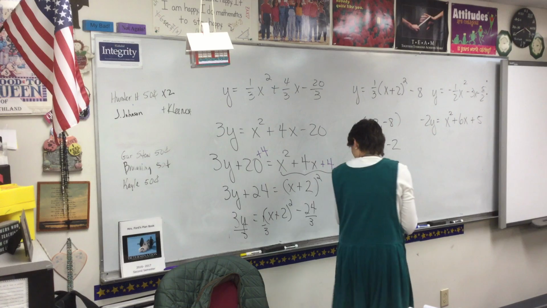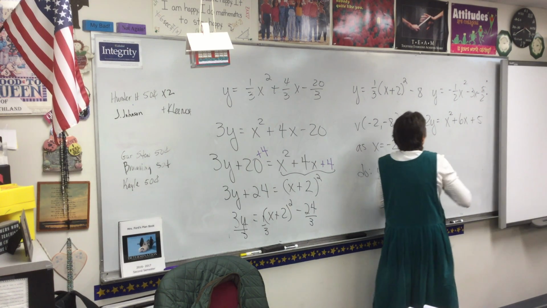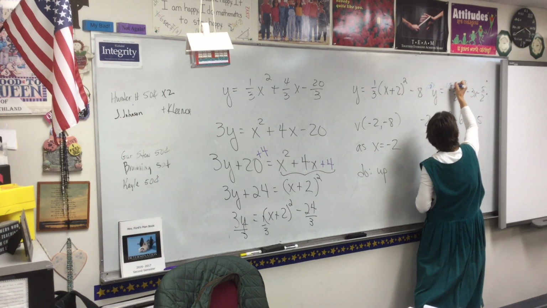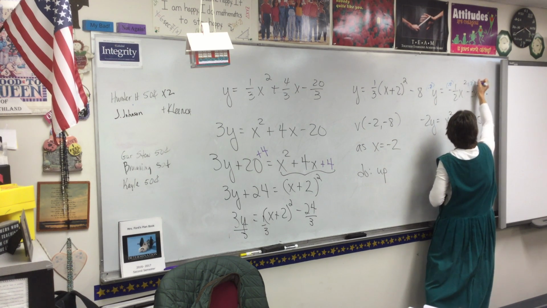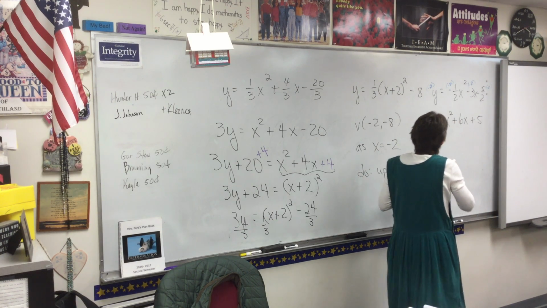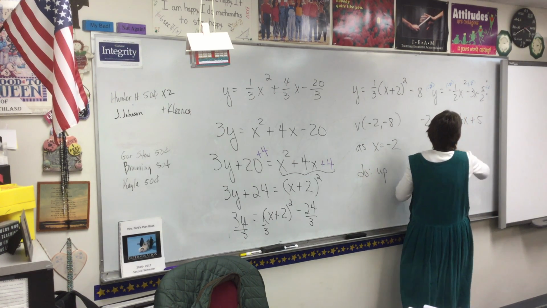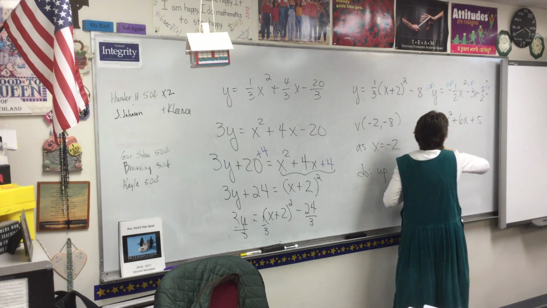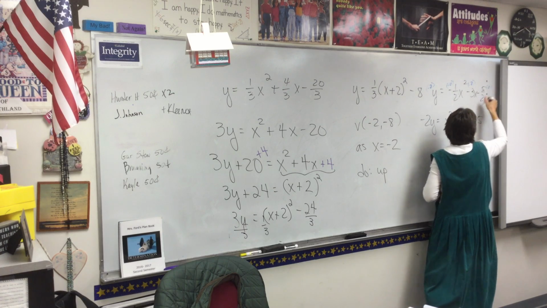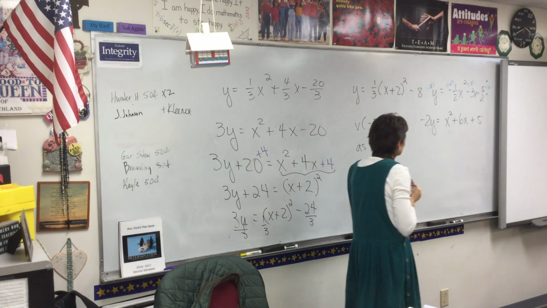You know, I'm ancient, I do this for a living, so I do that in my head, but you might want to put a times negative 2 here to remind yourself you're multiplying everything by negative 2. So that's how we got an x squared, these cancel. That's how we got a positive 6 and a positive 5.